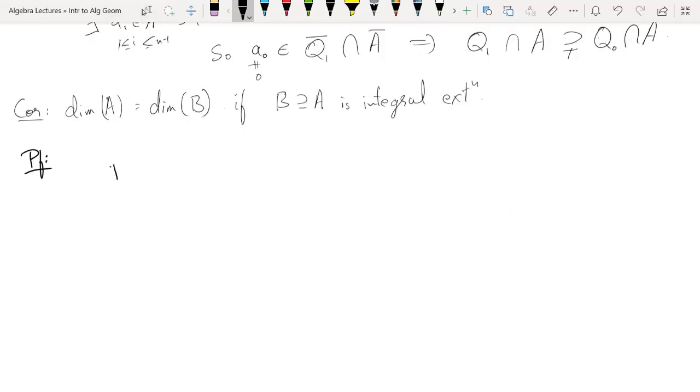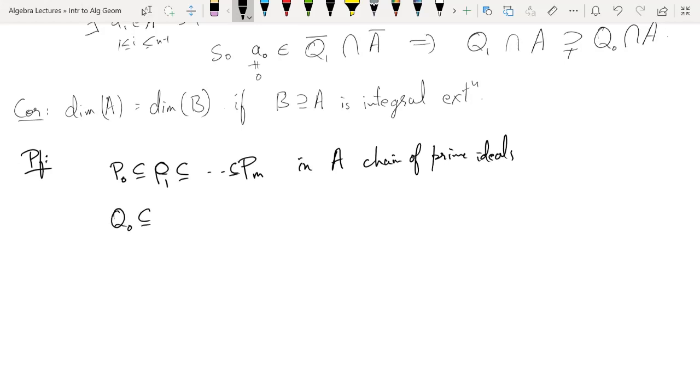For instance, if you have P0 contained in P1 and so on, up to Pm in A, a chain of prime ideals, then of course you'll get Q0 contained in Q1 contained in so on up to Qm in B, a chain of prime ideals.